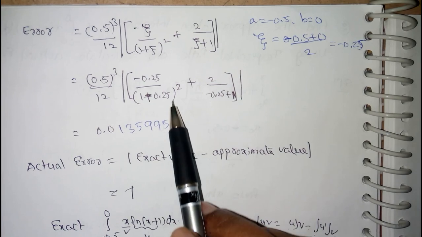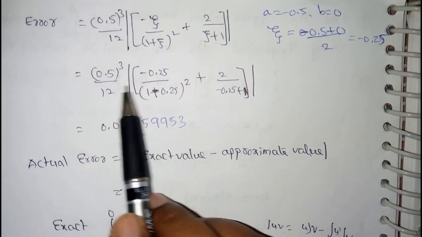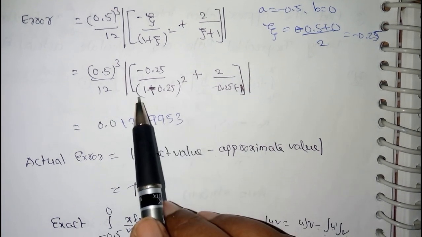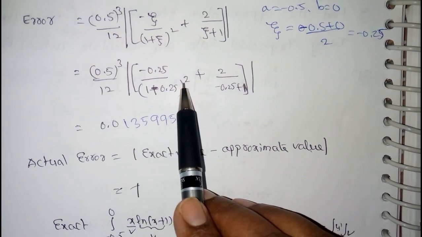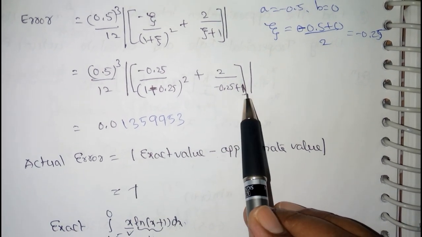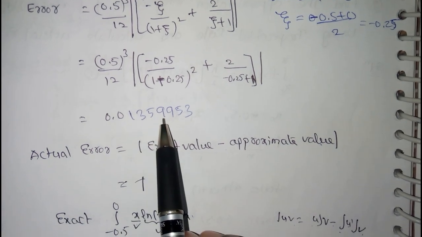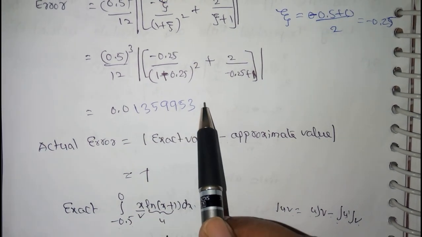Substitute in the error formula: 0.5 whole cube by 12 into (-0.25/(1 - 0.25) whole square plus 2/(-0.25 + 1)). That answer is 0.01359953. Check in your calculator.